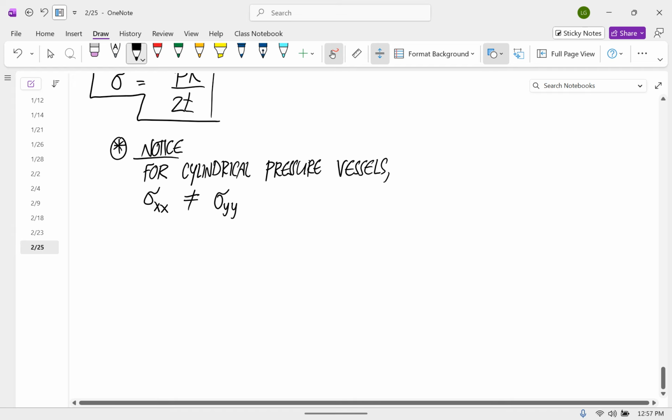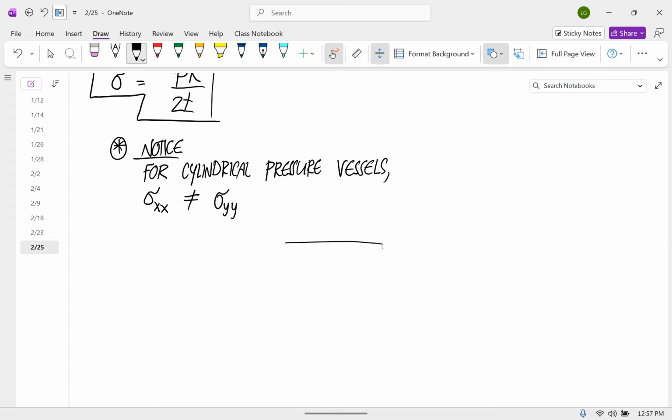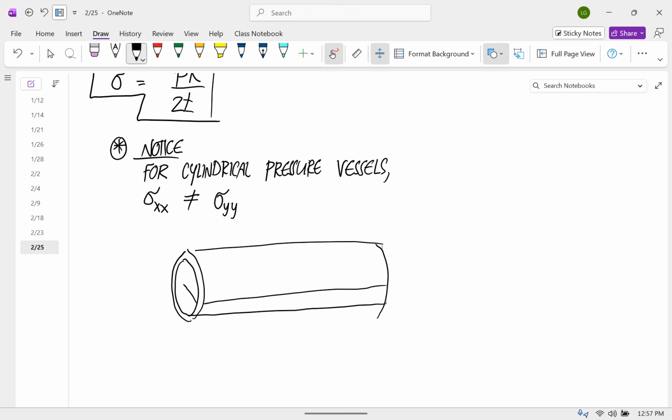So if you have something like this, and you're trying to calculate the stress at this point, we would have a z-axis pointing out.